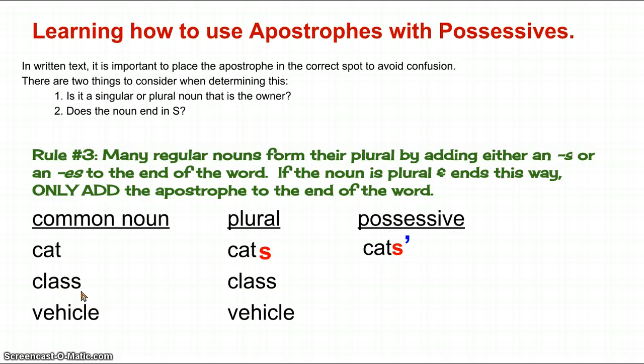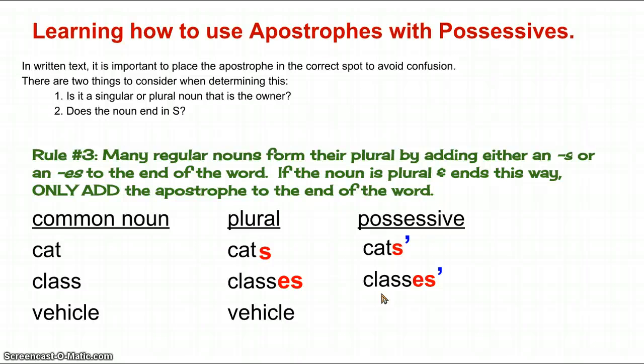Let's look at class. That's the common noun in its singular form. How do we write class, plural? That's right, we add an ES. Since it's a plural noun and it ends in an S, according to this rule, what do we do? Good, we only add an apostrophe.